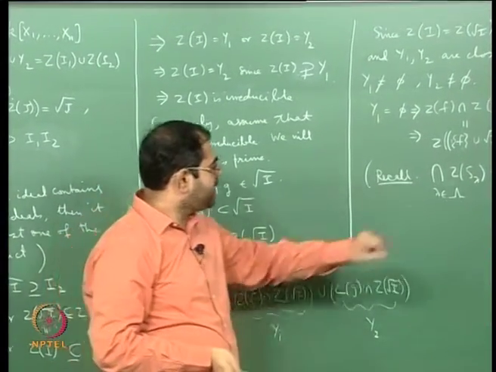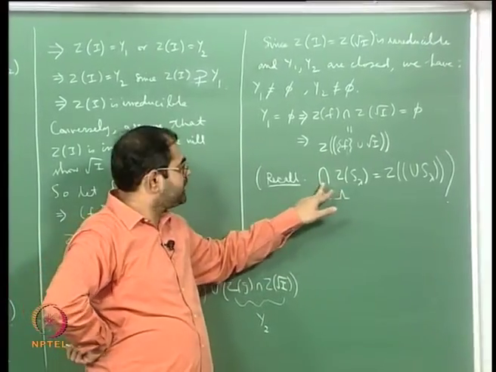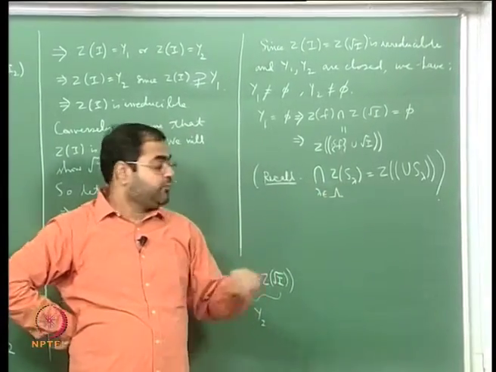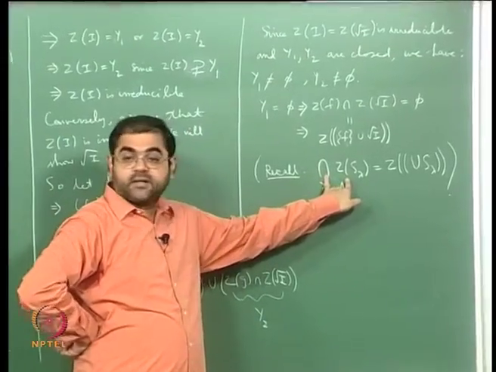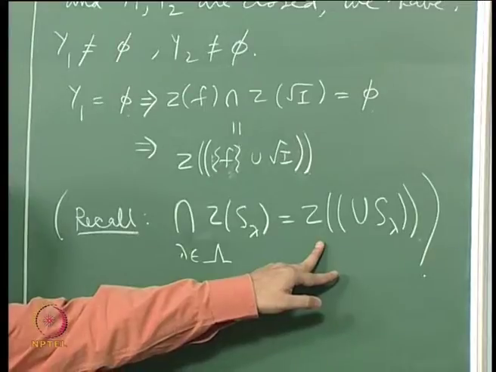These Z of S lambdas are a collection of closed sets. How do you show that the intersection of an arbitrary collection of closed sets is closed? It follows from this calculation.